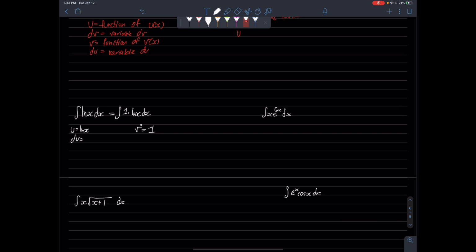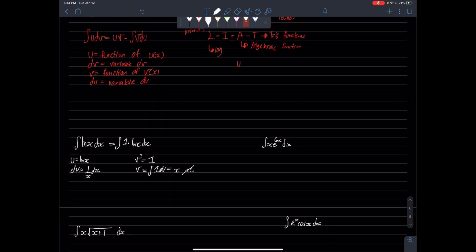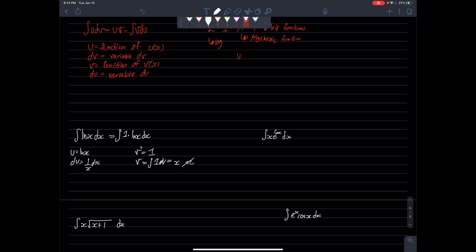So now du is 1 over x dx. And to get to v, you need to take the integral of 1 dv, so it's just going to be x. We're going to just disregard the plus c. All right, now let's put it into our formula. So it's u times v.